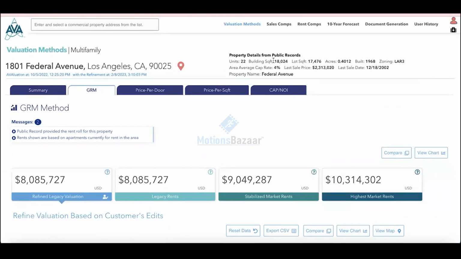And the building square footage is this, the lot square footage is this. We give you a snapshot of all of the initial data points that we need to start to determine value. We know when this last sold. We know what it sold for. So now here in 2023, the world has changed, and we're starting to see that reflected in the values that we're coming up with here.